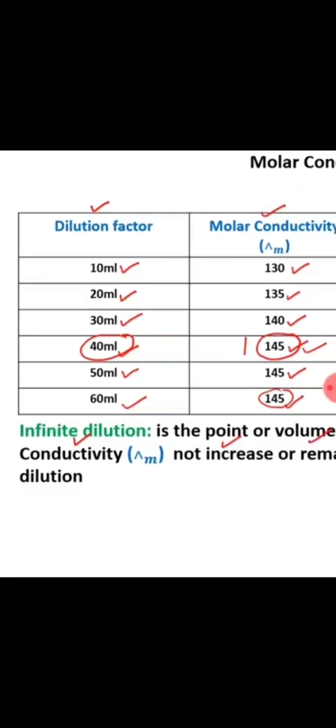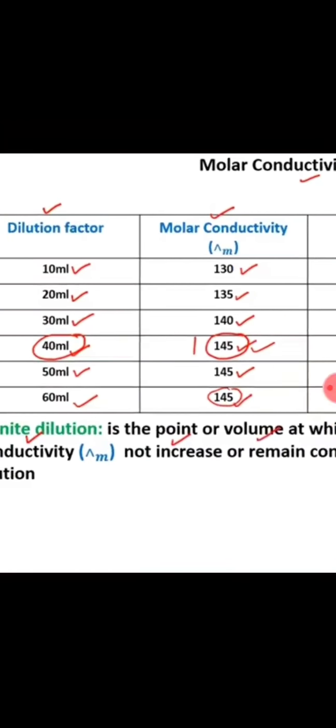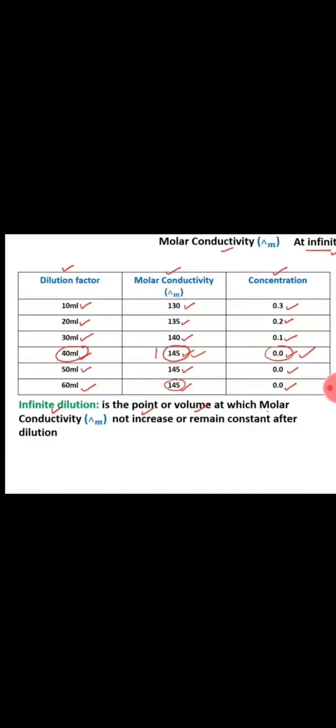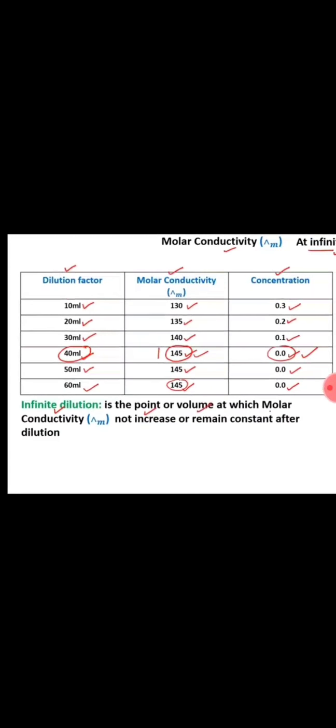Here you can see, children, what infinite dilution means is written. It is a point or volume at which molar conductivity does not increase or remains constant after dilution. So this is the maximum volume reached, after which, when you dilute a solution, there will be no change in the value of molar conductivity or in concentration.